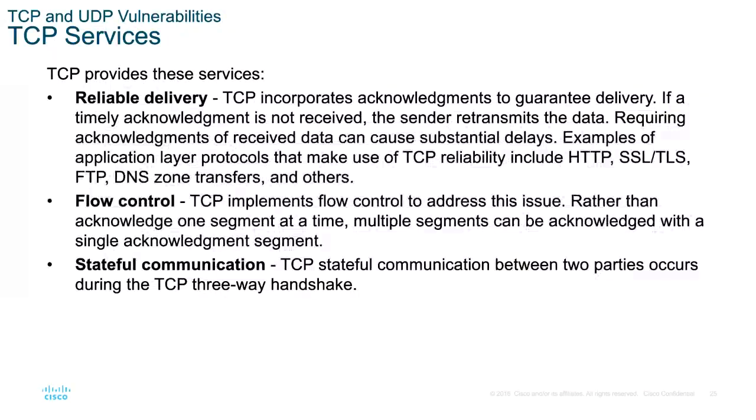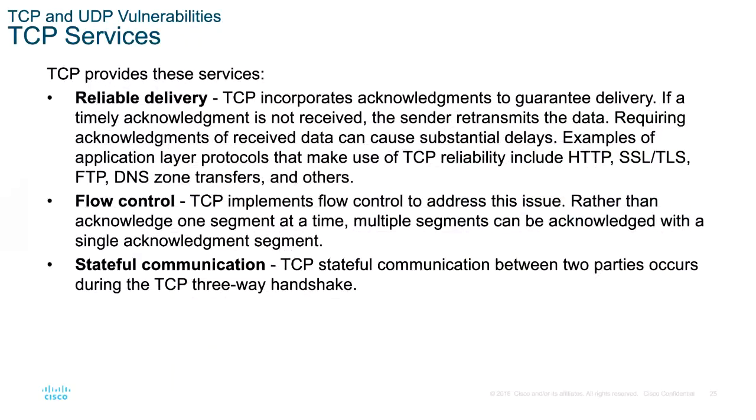So reliable delivery means that we need to acknowledge receipt, and if we don't have that acknowledgement, we can have substantial delays and we can have multiple retransmissions, causing an overload of bandwidth being used.